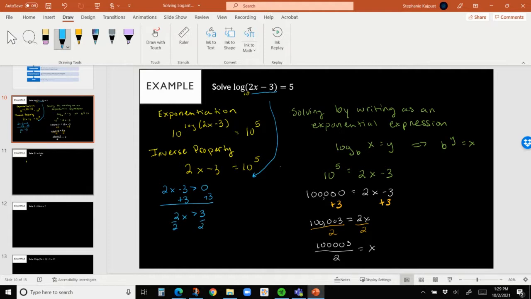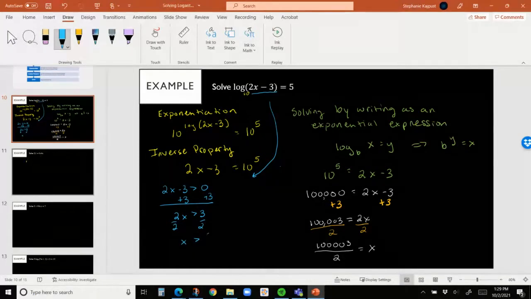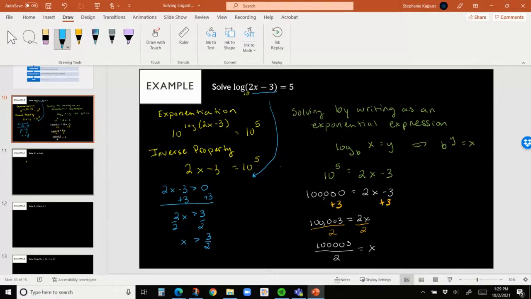Then I divide both sides by 2. And x has to be greater than 3/2, which is 1.5. And I can guarantee that 100,003 divided by 2 is definitely larger than 3/2. And so we should be able to plug this number back in and double check that it does indeed get us 5. If we plug it in on the left, we will get 5 out on the right.